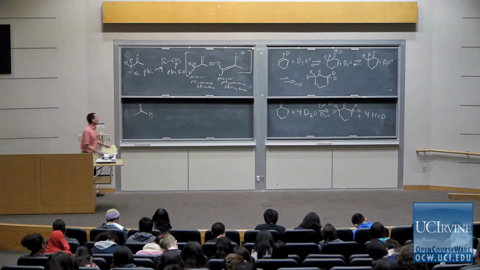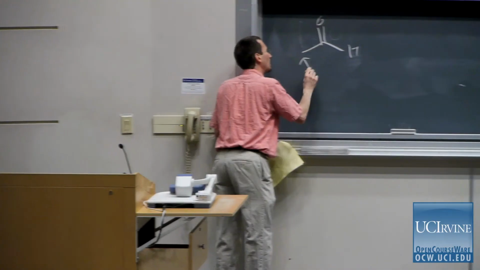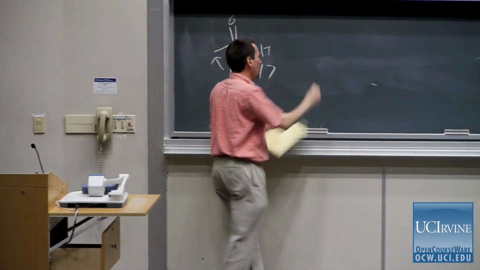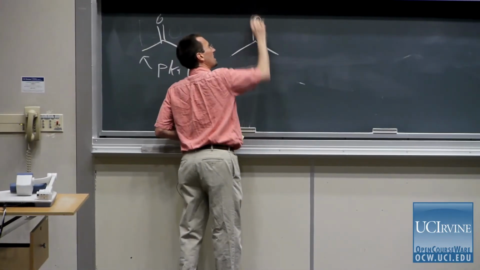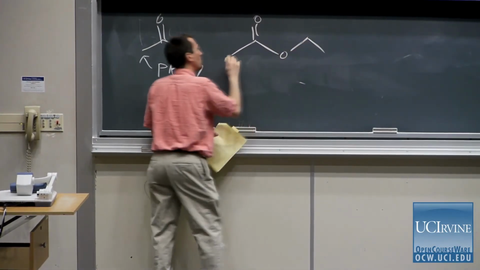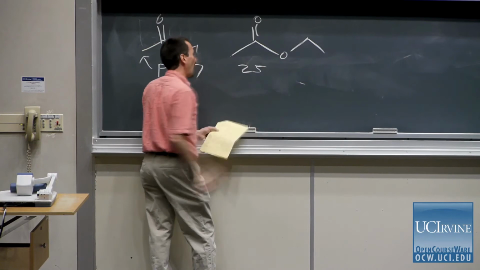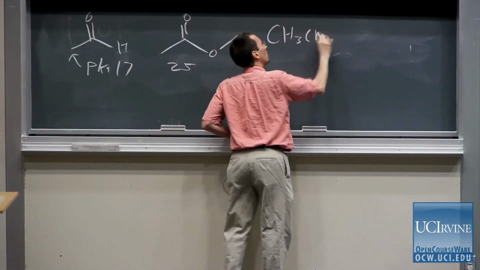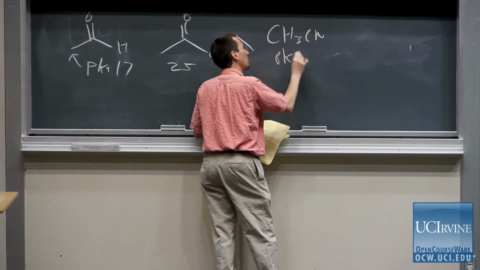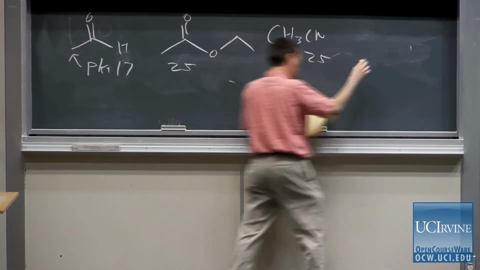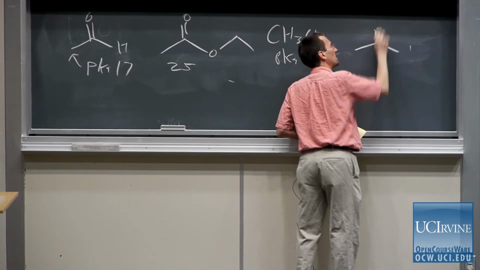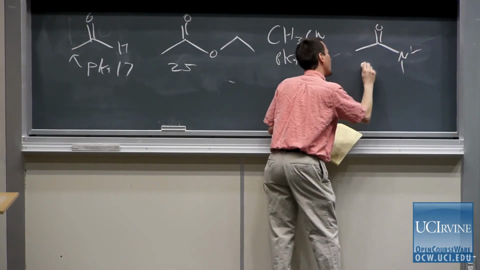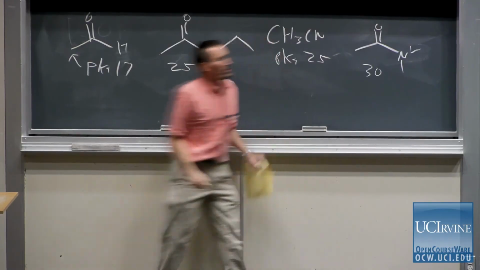So your textbook gives you acetaldehyde with a pKa of 17, ethyl acetate with a pKa of 25 for the methyl group, acetonitrile with a pKa of 25, and dimethylacetamide with a pKa of 30 for the alpha proton.